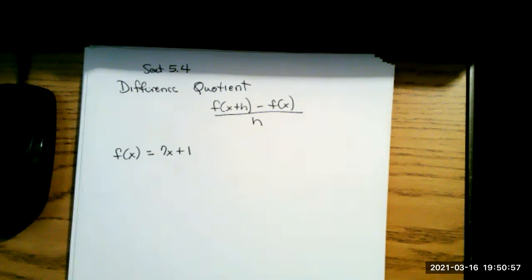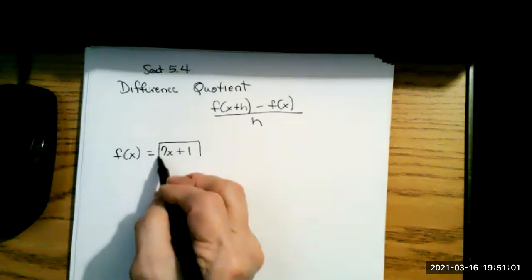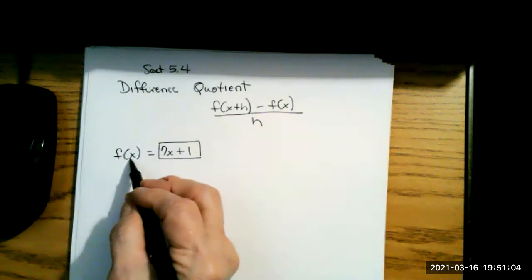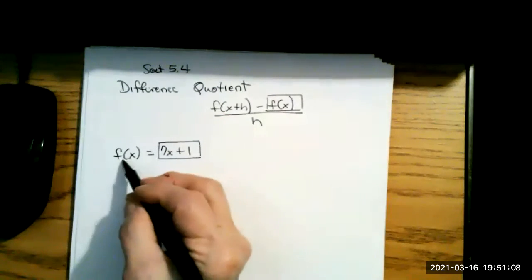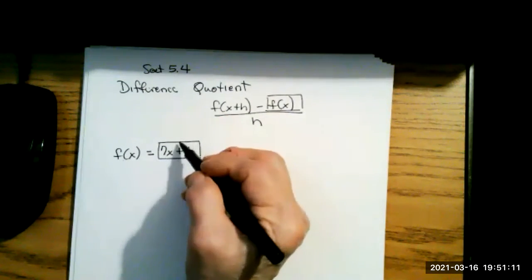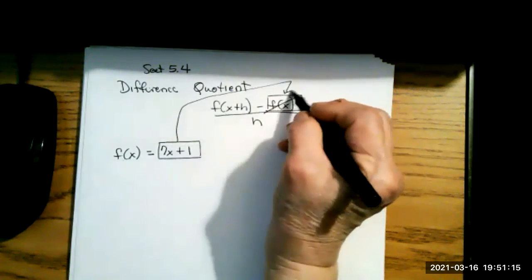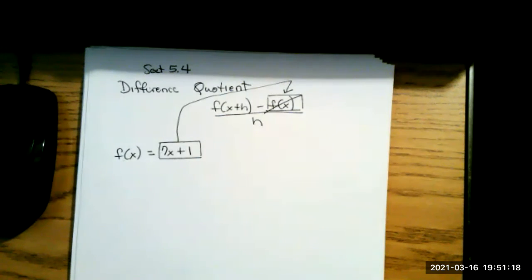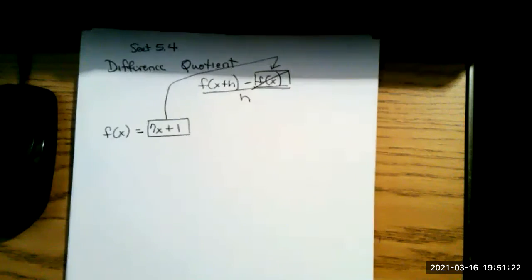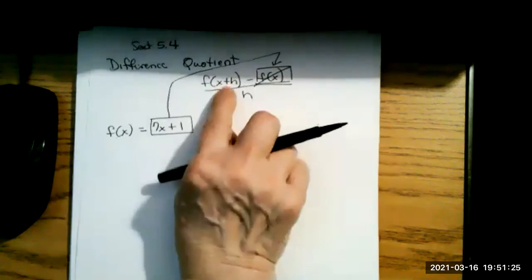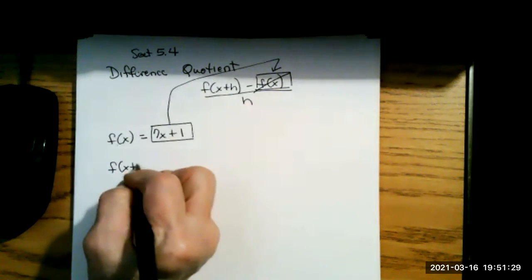Okay, so now just think ahead. In a minute, I'm going to take this 7x plus 1, and I'm going to substitute it for f of x. See, it's the same thing. F of x is 7x plus 1, so I'm going to take this out in a minute and put this right there in that spot. But before I do that, I have got to find f of x plus h. I don't have this one. So I have f of x plus h.